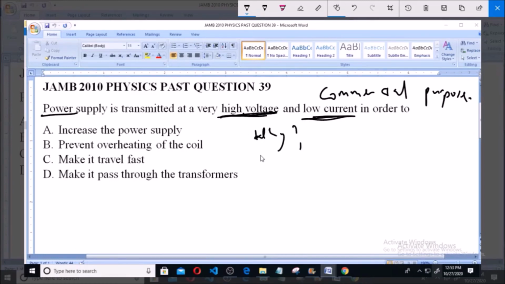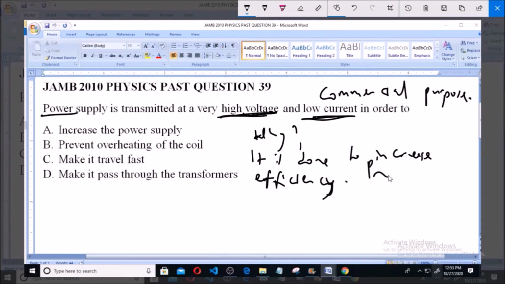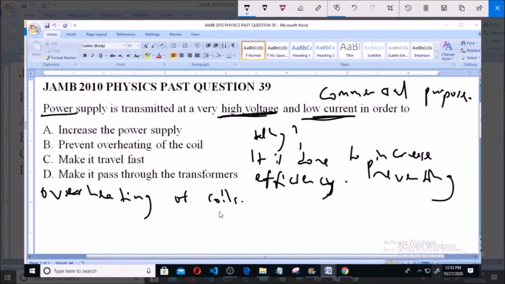Basically it is done to increase the efficiency of power supply. It does this by preventing overheating of the coils, or of whatever it is used for transmitting the electrical power.